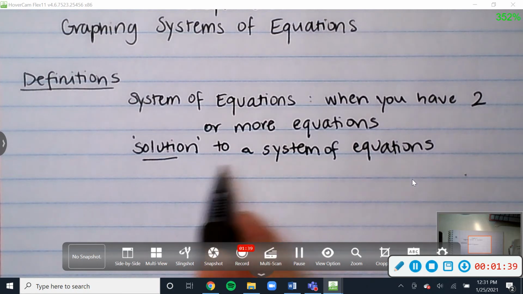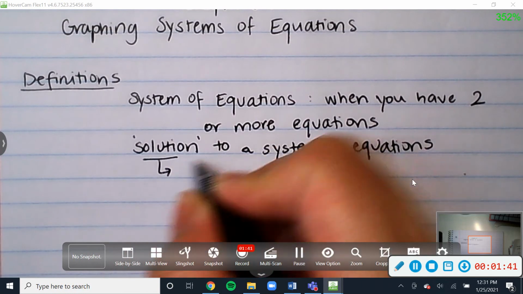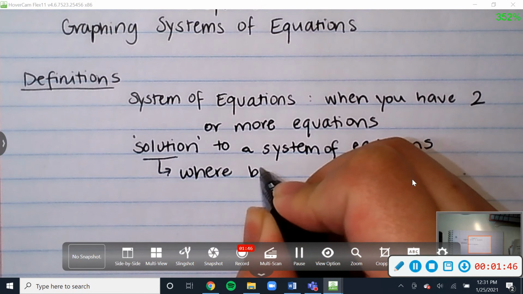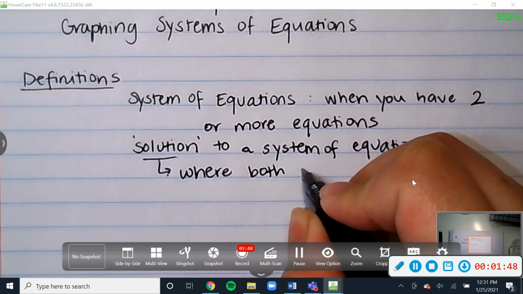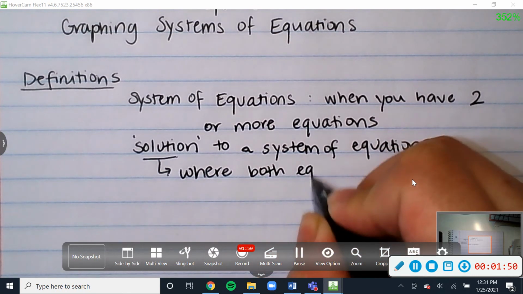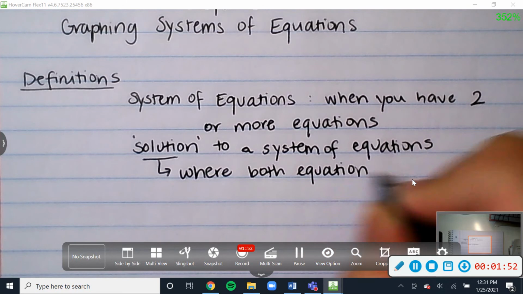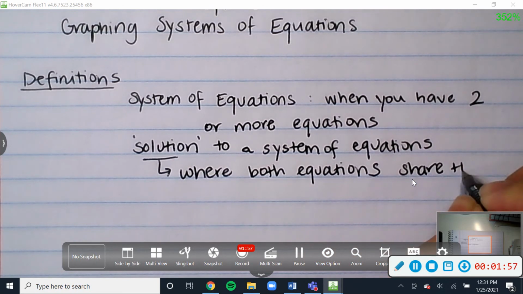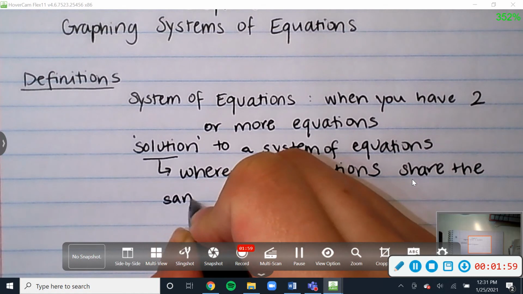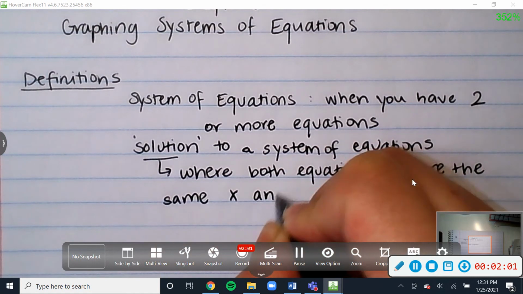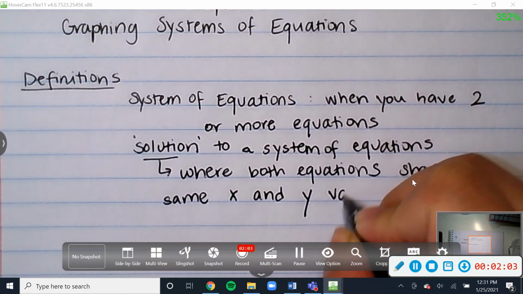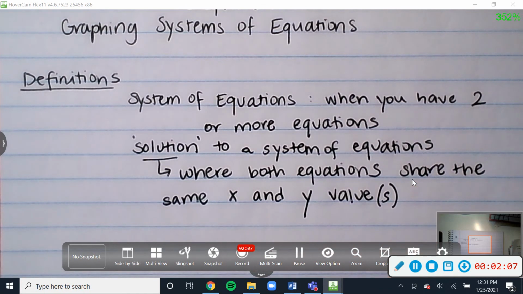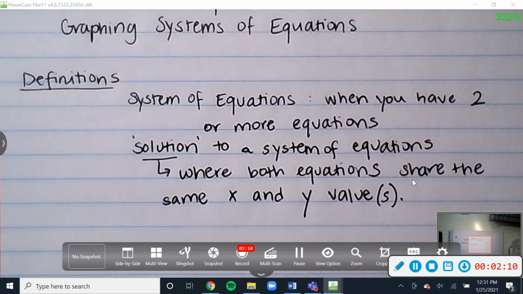So the solution to a system of equations is where both equations, or if you have more than two equations, all of the equations, share the same x and y values. So it could be one x and y value, or it could be multiple x and y values. We will take a look at this in just a second.